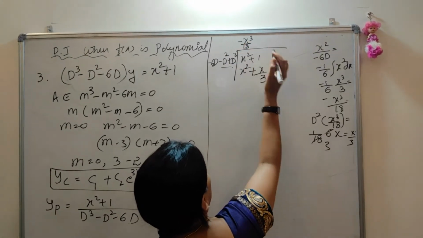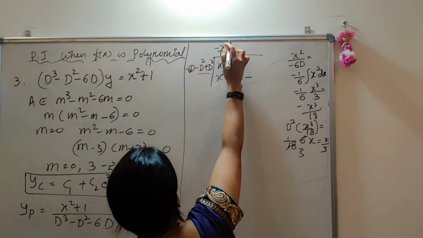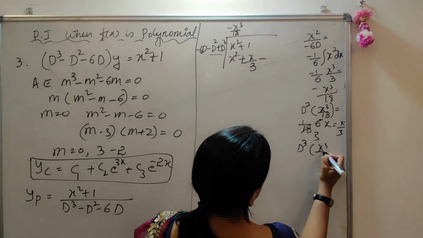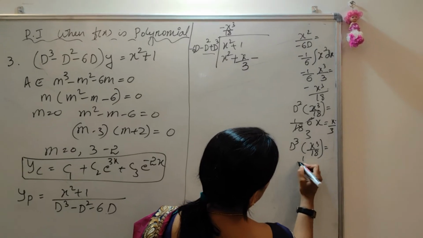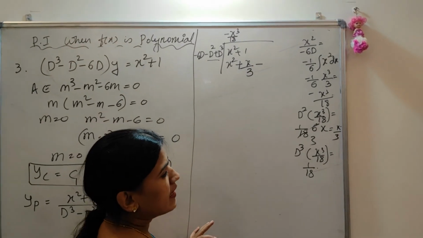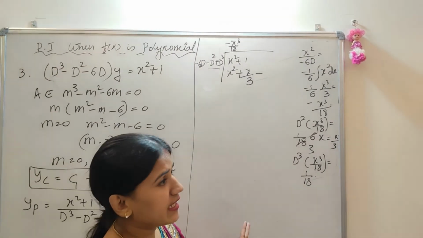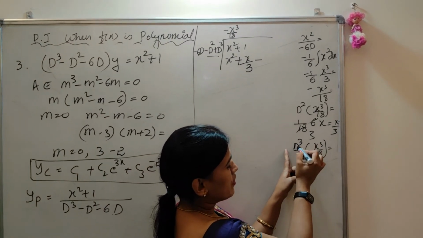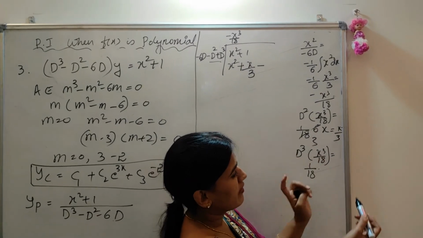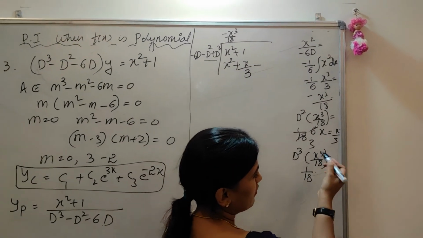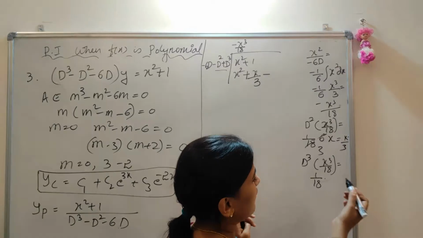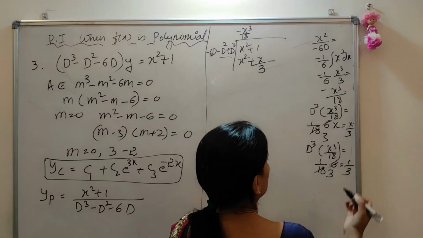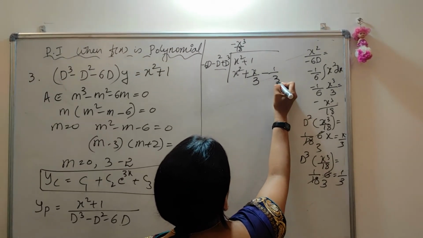Next, plus into minus, minus D³ of x³/18. 1/18 is constant times D³ x³. As I explained in the beginning, when the power of the differential operator and the polynomial power are the same, it is n factorial. So it is 3 factorial, which is 6, so you get 1/3.